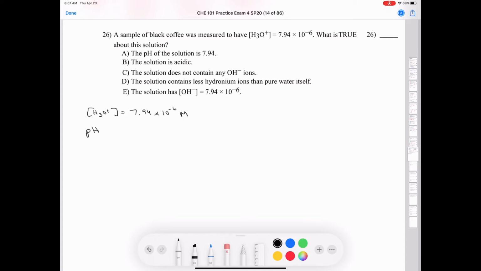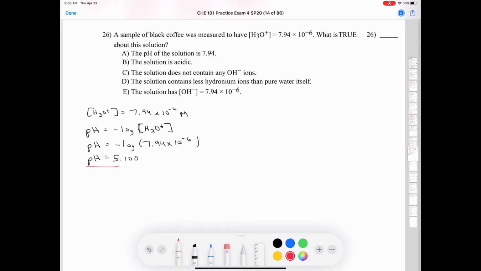Let's do the math here. pH is equal to minus log of the concentration of hydronium. And therefore, we can plug in our concentration. pH is equal to minus log of 7.94 times 10 to the negative 6. And we get that our pH is equal to 5.100.